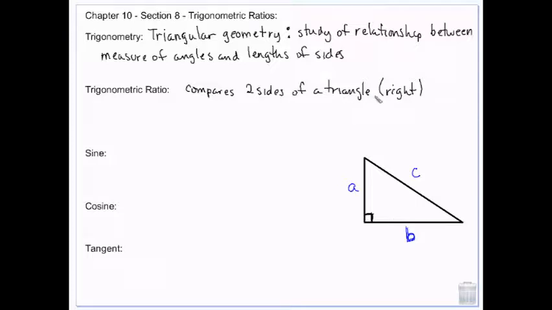If I call these angles A, B, and C, and I want to find measures in relationship to angle A, the sine of angle A, we call it sine A, is going to be the leg opposite angle A over the hypotenuse.